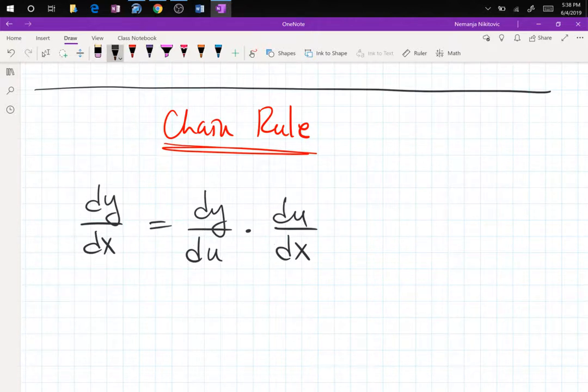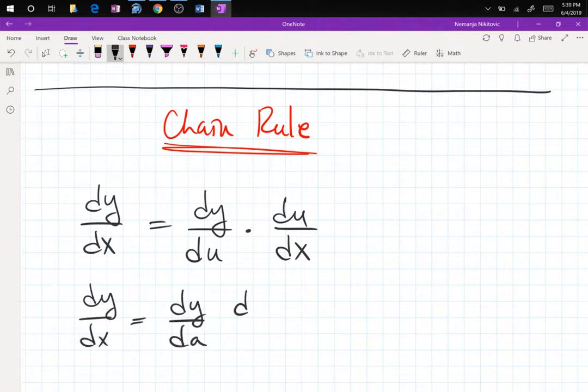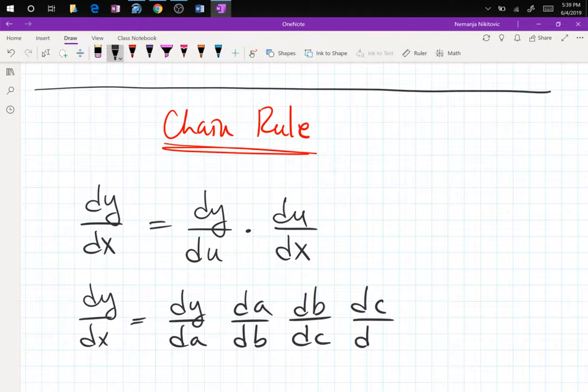You can chain as many rates as you want as long as these ones cancel. So you can go dy/dx is equal to dy/dA, dA/dB, dB/dC, dC/dx, let's say. These are 4 rates that are all multiplied.